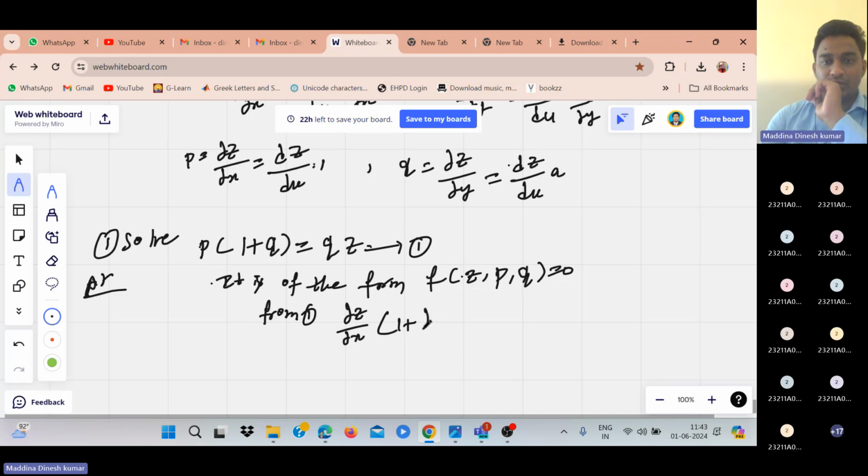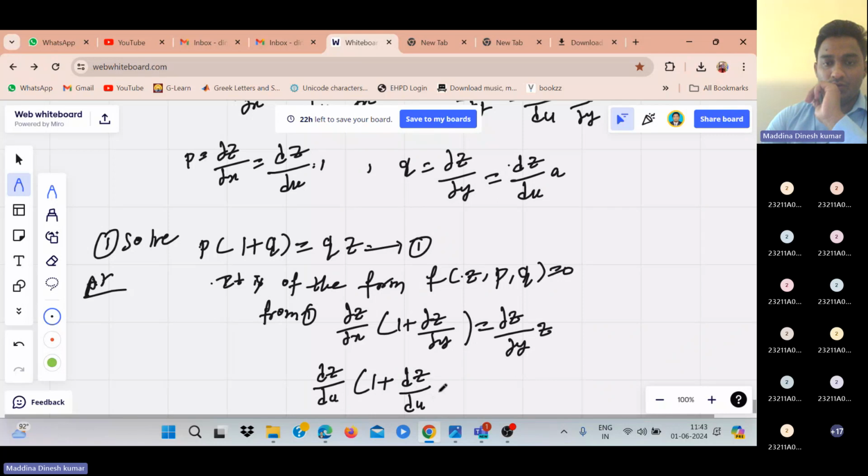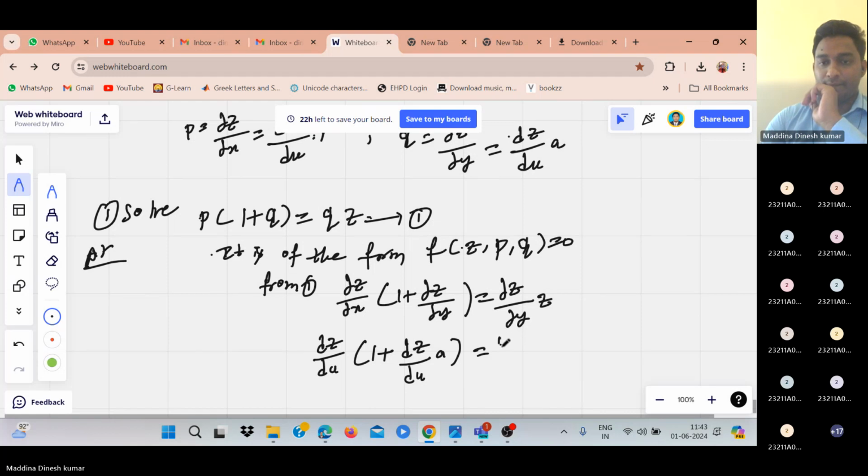Plus 1 plus q, where q means dou z by dou y, equal to q, that is dou z by dou y, and z in the product. So in place of dou z by dou x, we can replace dz by du, times 1 plus, in place of dou z by dou y, dz by du times a, equal to dz by du times a, and z is there already.